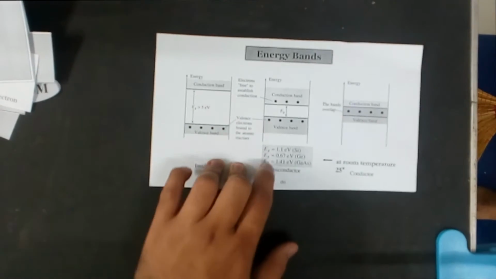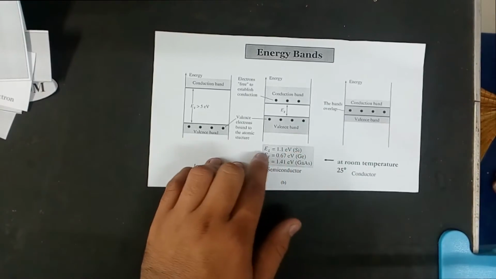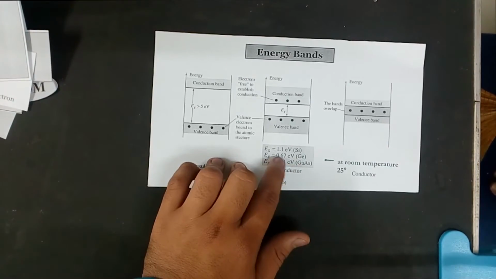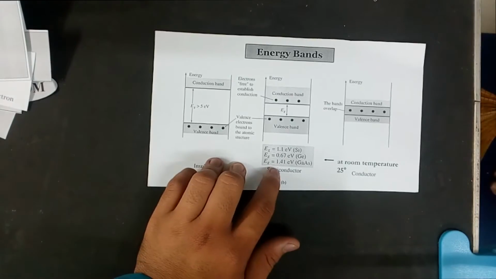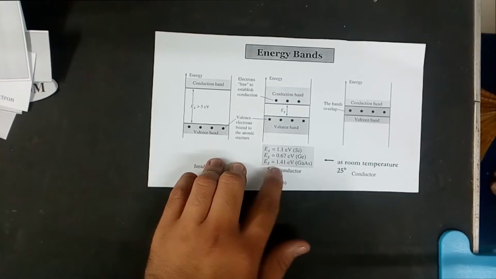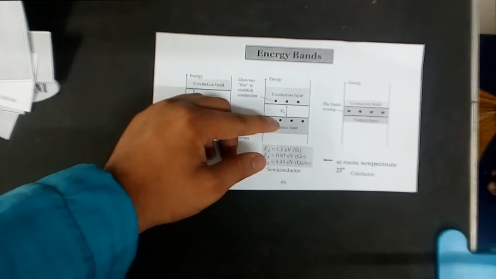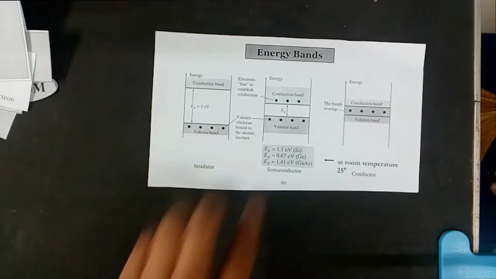For silicon, it needs 1.1 electronvolts. The energy needed for germanium is 0.67 electronvolts. This is the energy needed for the electron to jump to the conduction band, thus allowing the current to flow.